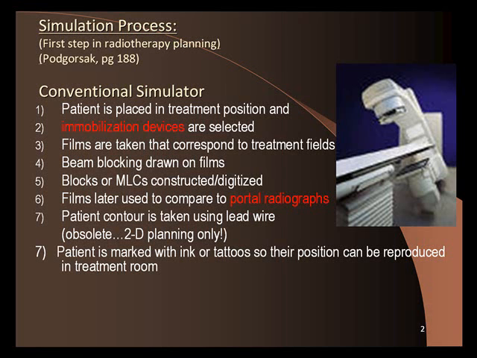Three, mark the patient's isocenter with marks that they don't remove until they come back for treatment. Basically, they keep the marks on for the whole course. So these are the 3 main steps.